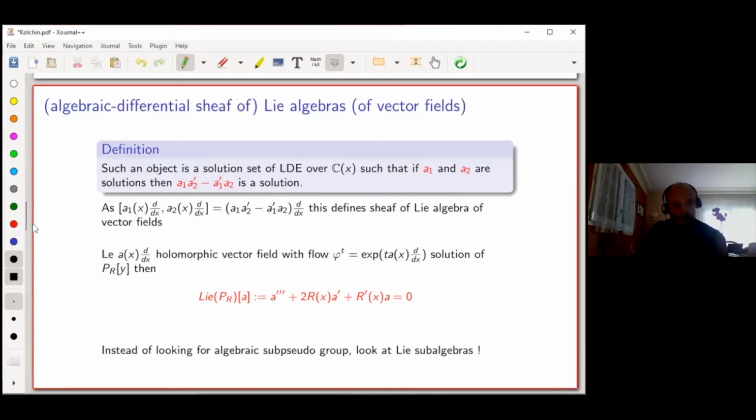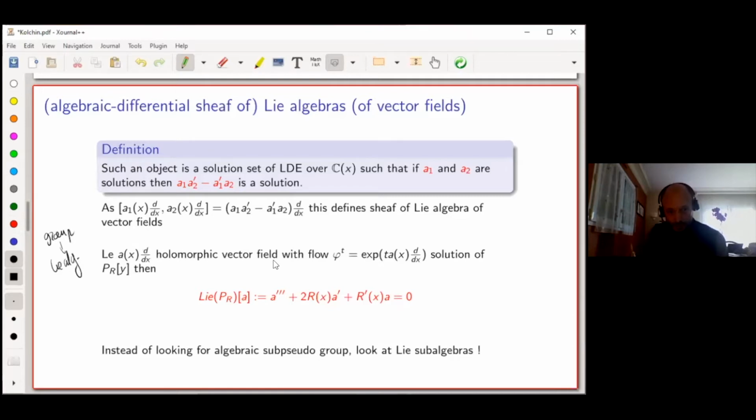And so this is a general definition, but now you can go from a group or pseudogroup to a Lie algebra or sheaf of Lie algebras by the usual technique, taking the linearization along the identity, like for the group. And here it can be written like this.